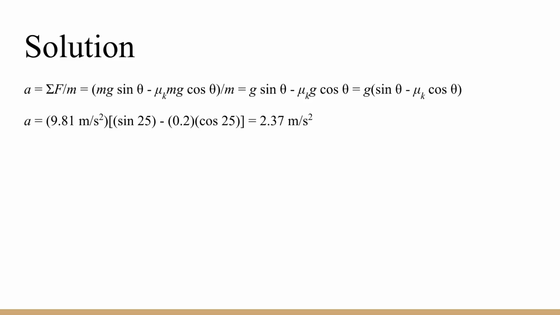So if you substitute all our given values in, you get 9.81 meters per second squared times the quantity sine of 25 minus 0.2 cosine of 25, and that gives you about 2.37 meters per second squared. So that will be the acceleration of your skier.